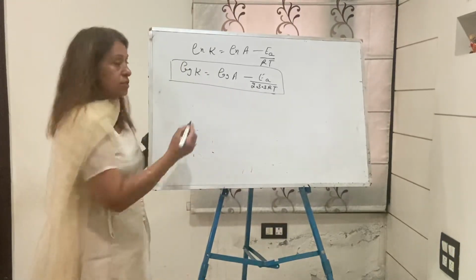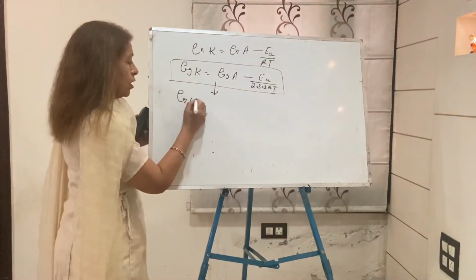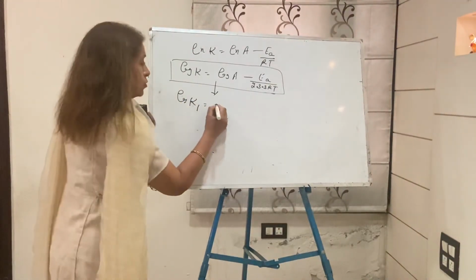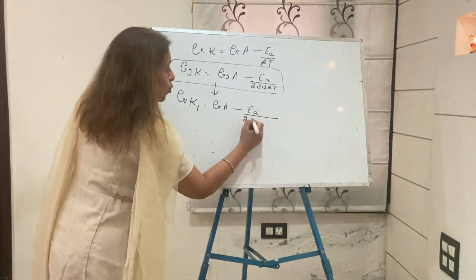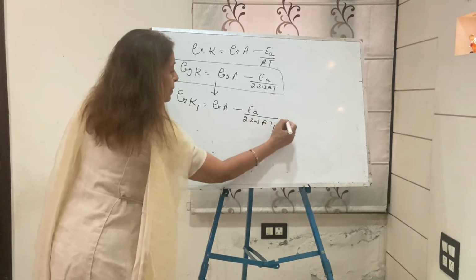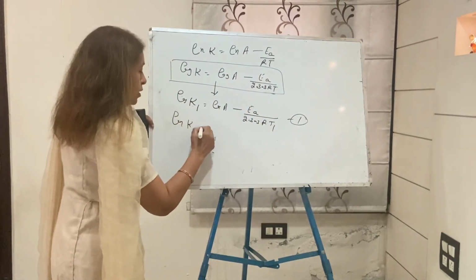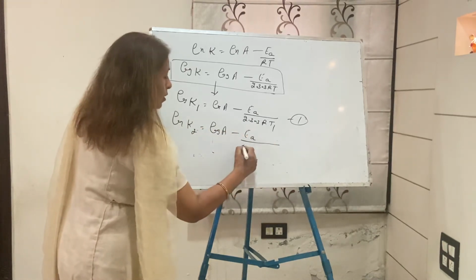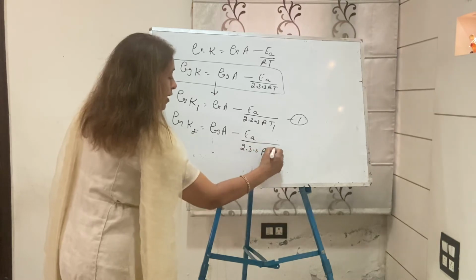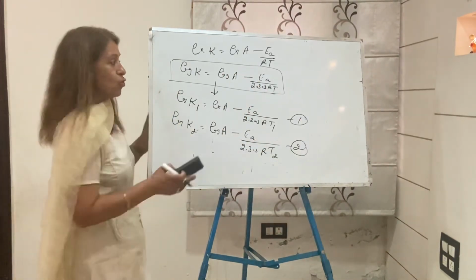Next, more derivations, making a change in temperature now. Log k1 = log A - Ea/(2.303 RT1). Make it equation number 1. Log k2 = log A - Ea/(2.303 RT2). Make it equation number 2. So you subtract these two equations.